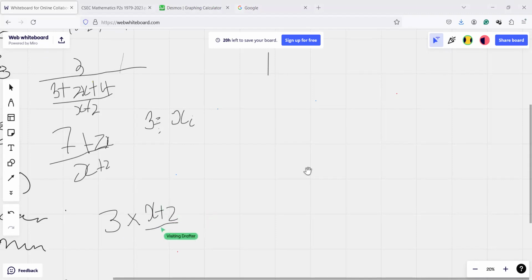And then you'll have the 7 plus 2 at the bottom. And it's pretty easy to expand this. Your final answer should be 3x plus 6 over 7.